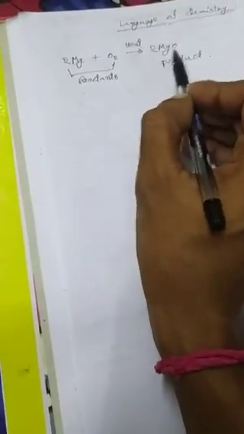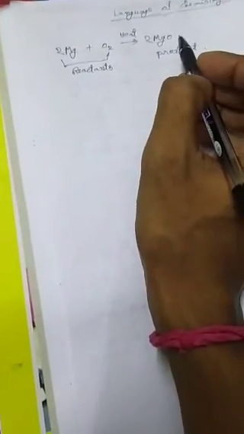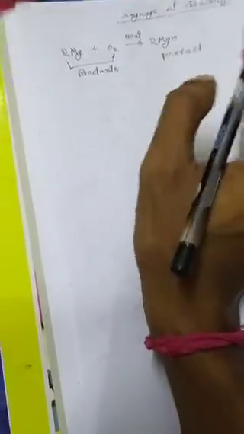That means when these two elements combine with each other and form a new substance, that is known as a combination reaction or synthesis reaction. We are synthesizing this magnesium oxide from magnesium and oxygen. That's why it is a synthesis process or combination reaction.